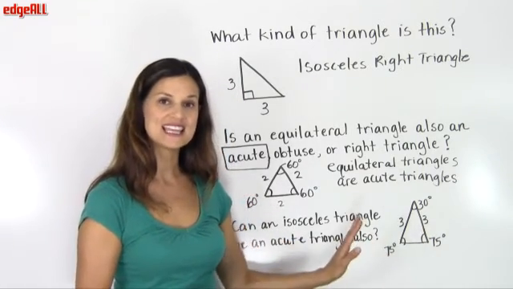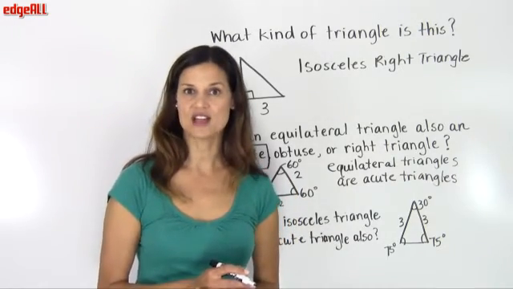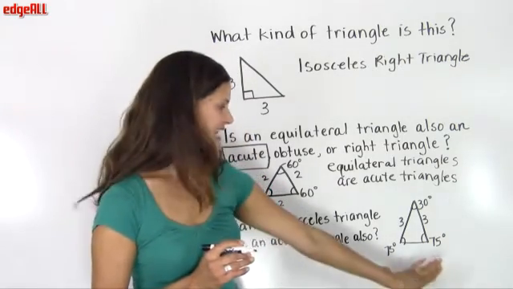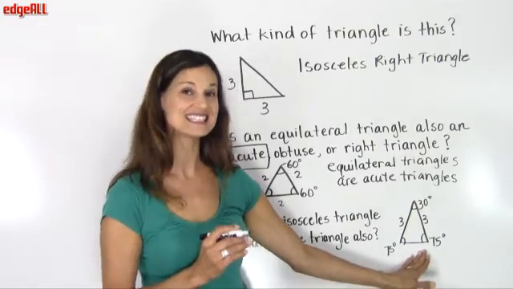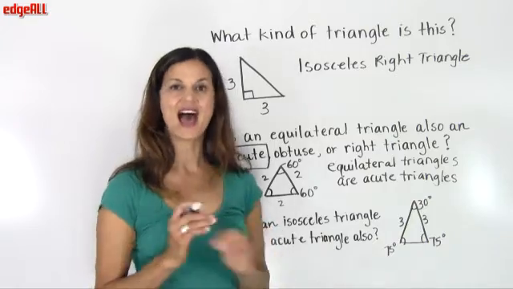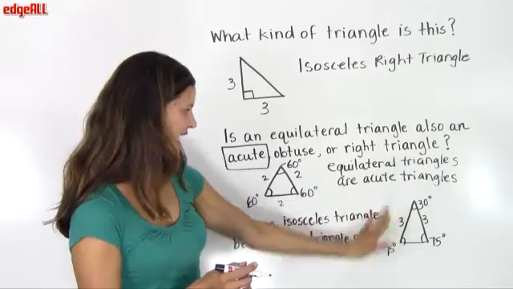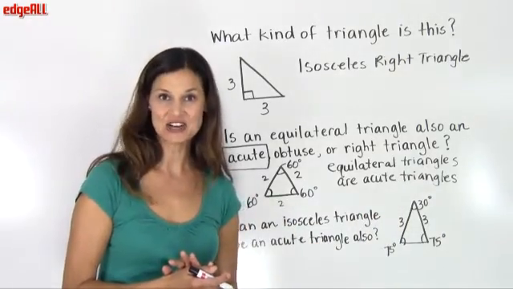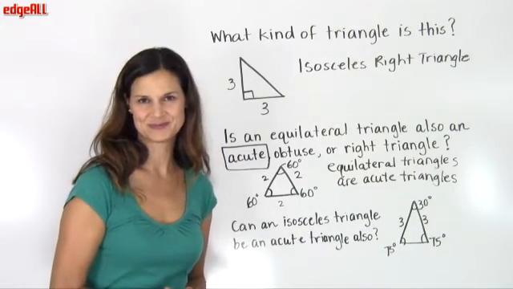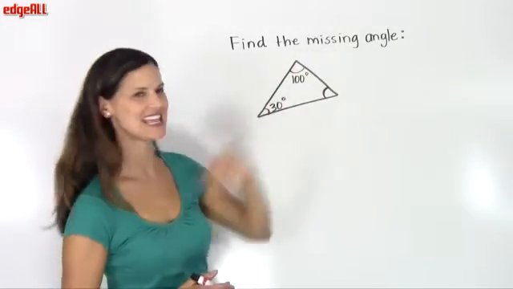And so, since the definition of an acute triangle is a triangle in which all 3 angles are less than 90 degrees, then yes, this isosceles triangle fits the definition also of an acute triangle, with all 3 angle measurements less than 90 degrees and 2 sides of equal measure.